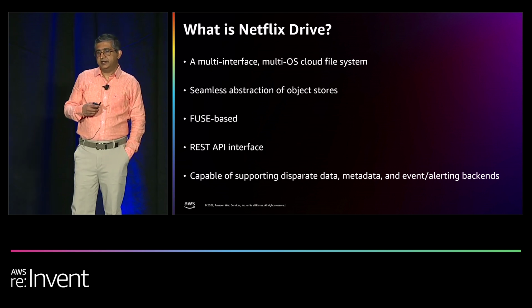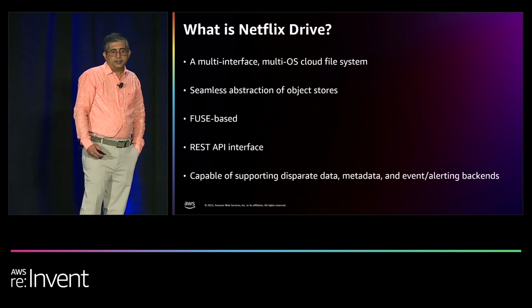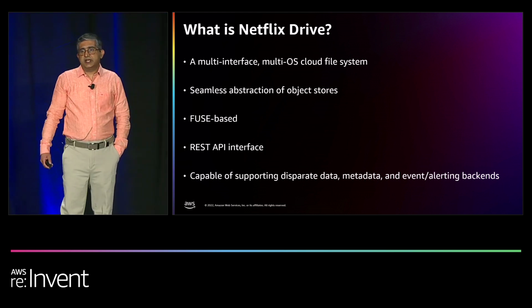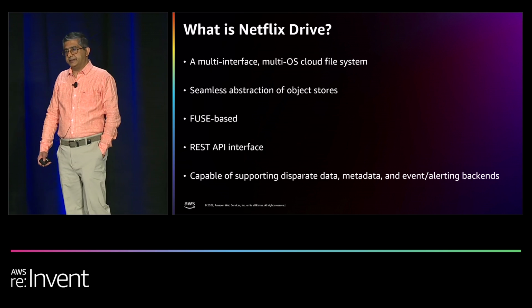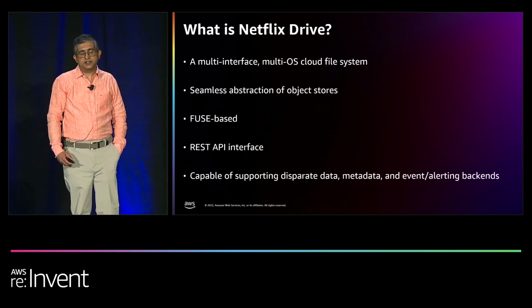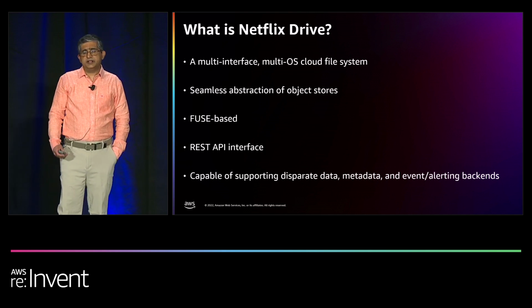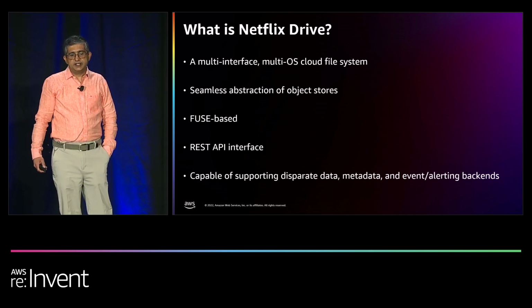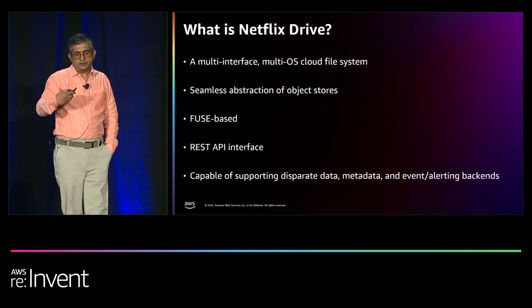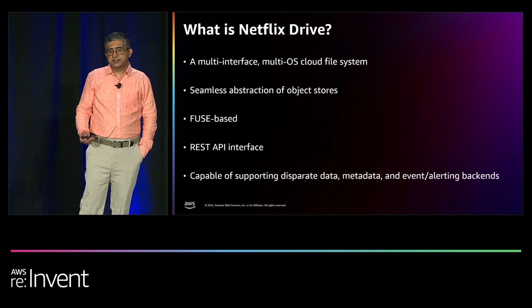It's called WinFSP, but it has a Fuse abstraction layer as well. In addition to that, we also have an API interface. So it's a service endpoint as well, in addition to being a file system interface. And it supports a variety of data and metadata stores. I'll get into the nitty-gritty of those things in the subsequent slides when we walk through.